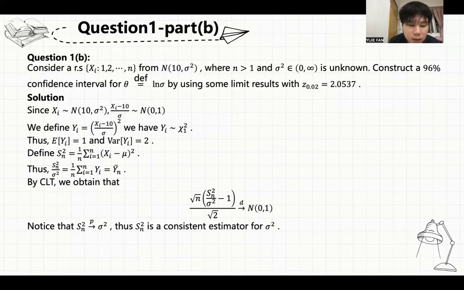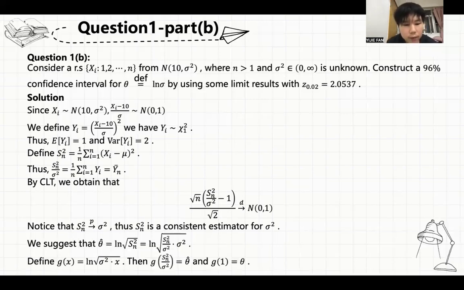We notice that Sn square converges to sigma square. So Sn square is a consistent estimator for sigma square. Okay, and now we suggest that sigma hat is equal to log square root of Sn square.